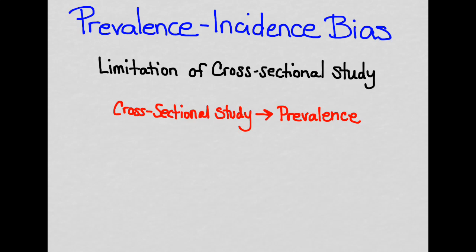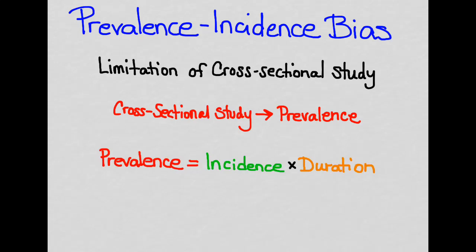So they're looking at whether the exposure increases the prevalence of the disease. And the problem with this is that prevalence is made up of two things, both incidence and duration. So the prevalence of a disease equals the incidence of the disease times the duration of the disease.